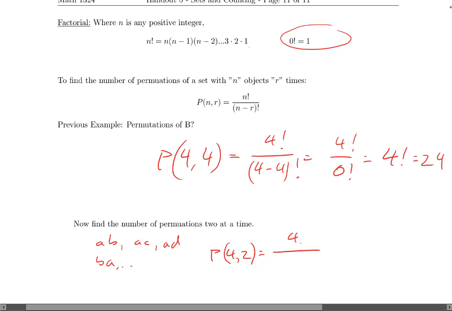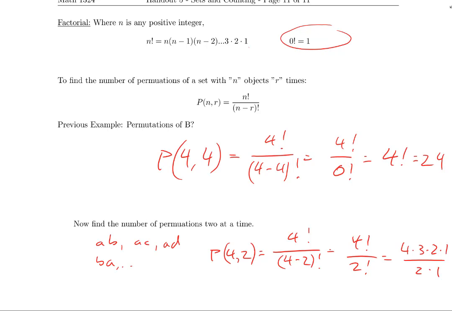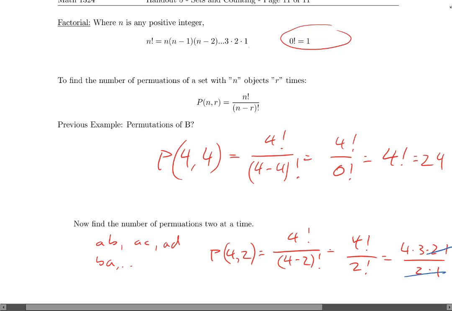And so again, this would be 4 factorial over 4 minus 2 factorial. You end up with this. Of course, 2 factorial is 2 times 1, which is just 2. And so this will end up being 4 times 3 times 2 times 1 over 2 times 1. The 2 and the 1 cancel, so you're just left with 4 times 3. And so the number of arrangements in this case is 12.